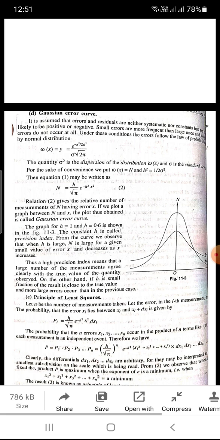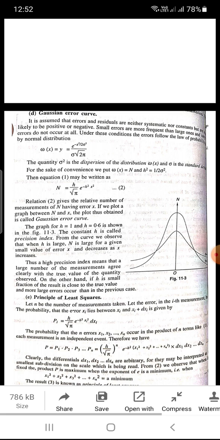Clearly the differentials dx1, dx2, dxn are arbitrary, for they may be interpreted as the smallest subdivision on the scale which is being read.